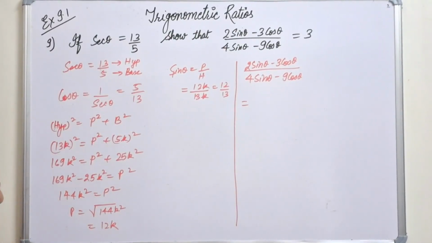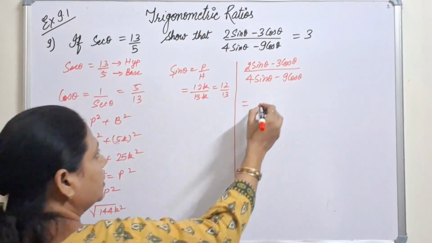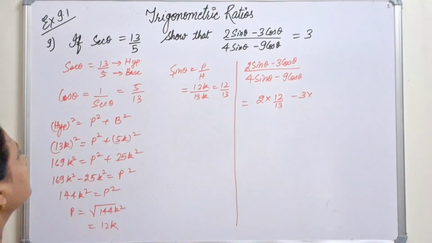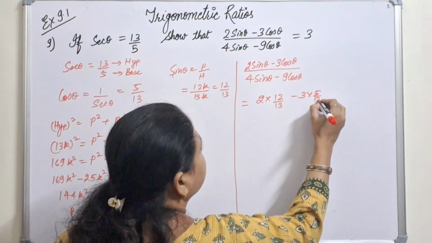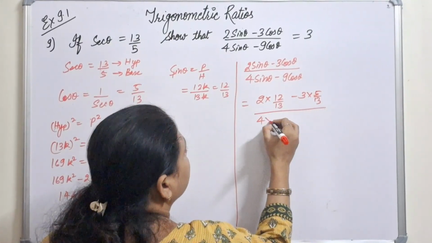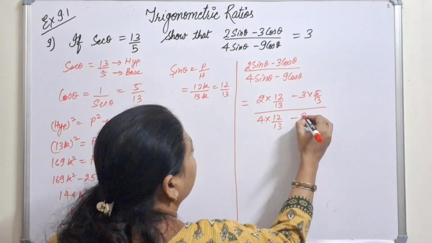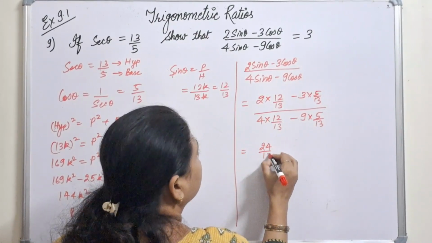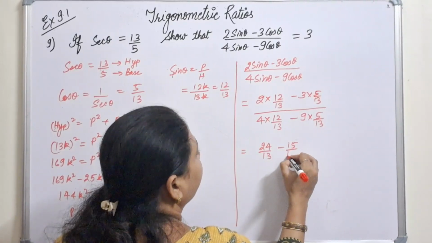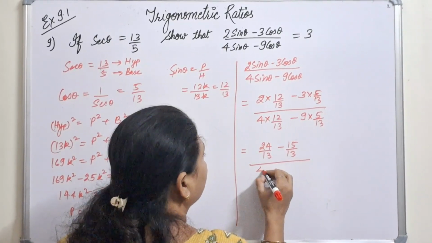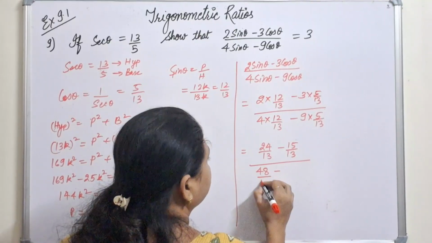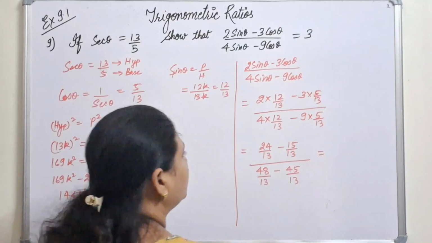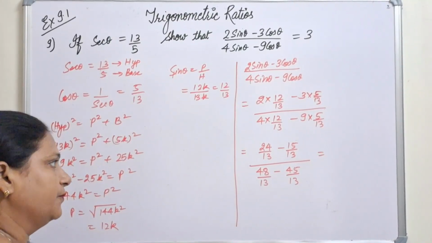So we will be substituting the values. 2 into 12 upon 13 minus 3 into 5 upon 13, upon 4 into 12 upon 13 minus 9 into 5 upon 13. 24 upon 13 minus 15 upon 13, whole upon 48 minus 45 upon 13. 24 minus 15 will be what?